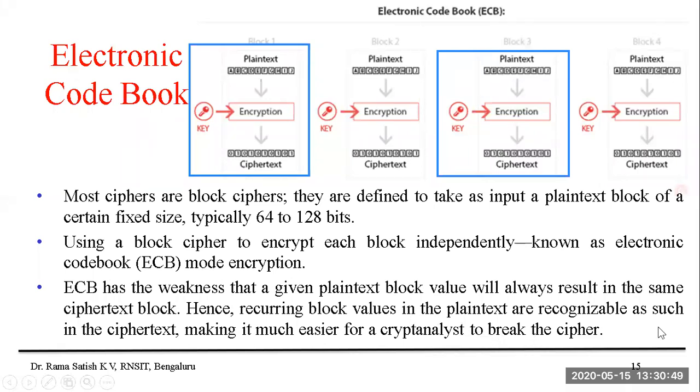If they see the same pattern of text, they can easily break the cipher. There are experts who, by looking at that, will say this character is nothing but this. They will understand and break it.